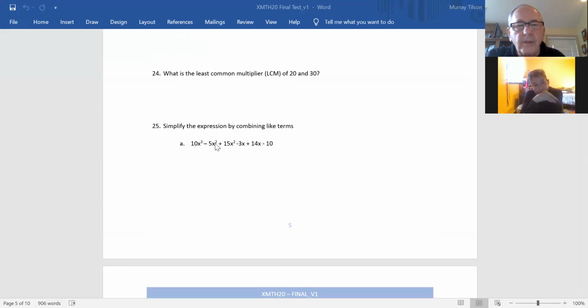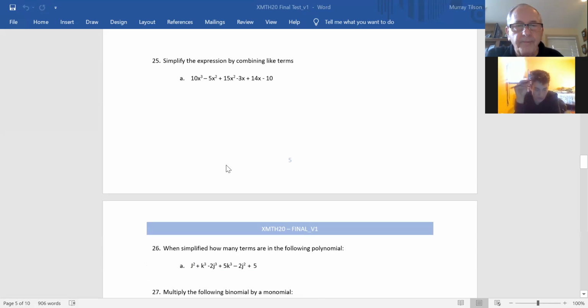Add the x squared: you've got a minus 5x squared and a 15, so that's 10x squared. You boil this down. So simplifying, you'd have 10x cubed plus 10x squared plus 11x minus 10. Those would be all the terms you'd end up with, right? I remember that.